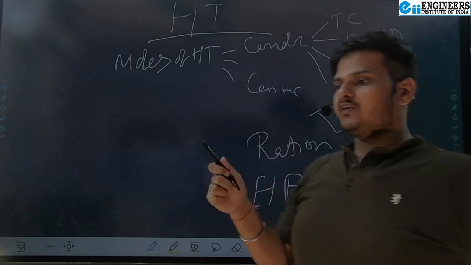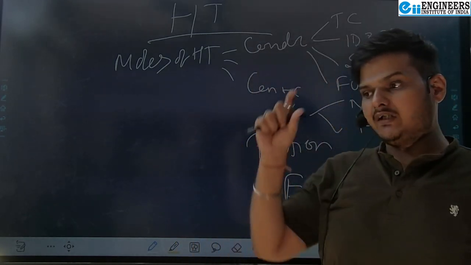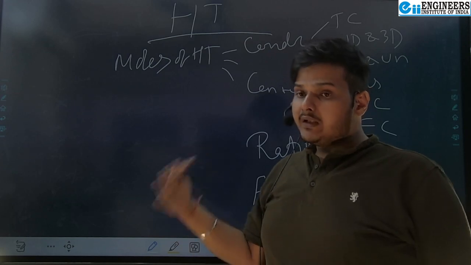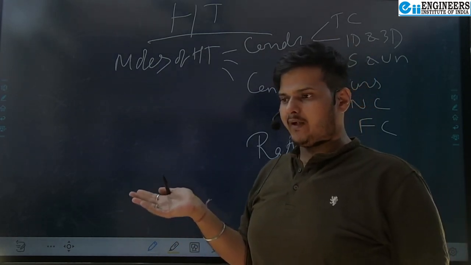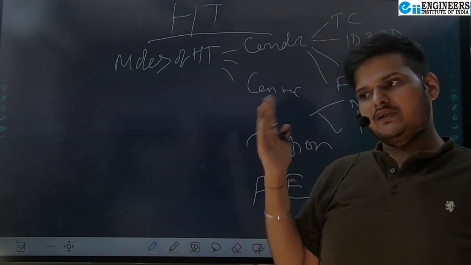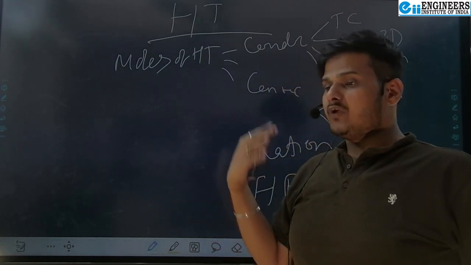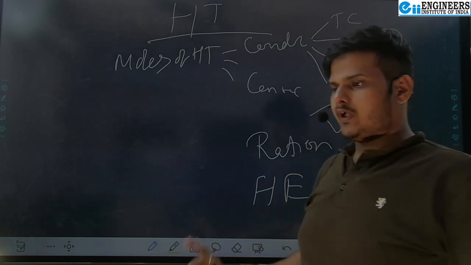Like in the first class, we'll solve the conduction problems: initially we'll have all the formula discussion, then we will move on to question solving. Similarly, for convection, we'll first recapitulate, then try to solve the GATE questions. Same for radiation and the heat exchanger.